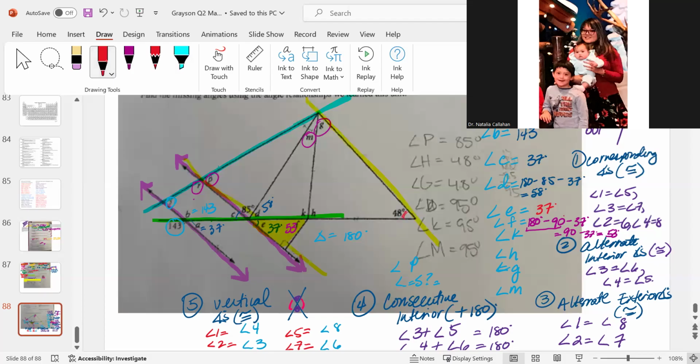If this angle's 48, I think this angle is 48 as well. Can you see that? Or no, it's not. Just kidding. No, it's not. Do you see how we can find anything?